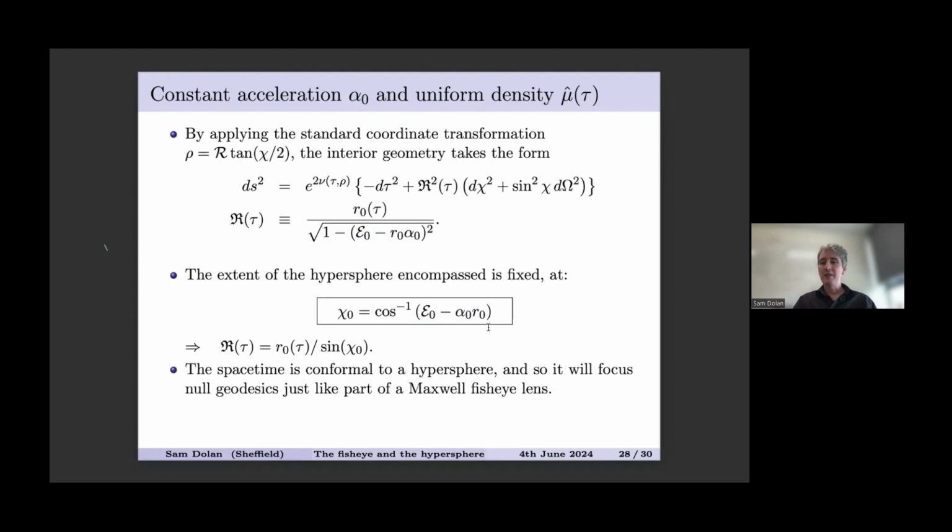So the main message here is we can set up collapse scenarios so that the focusing is exactly that in a Maxwell fisheye lens, and so in principle we can create perfect focusing if we make things very dense. But even at more physical, more realistic values, we get lensing as if we had rays on part of a sphere.